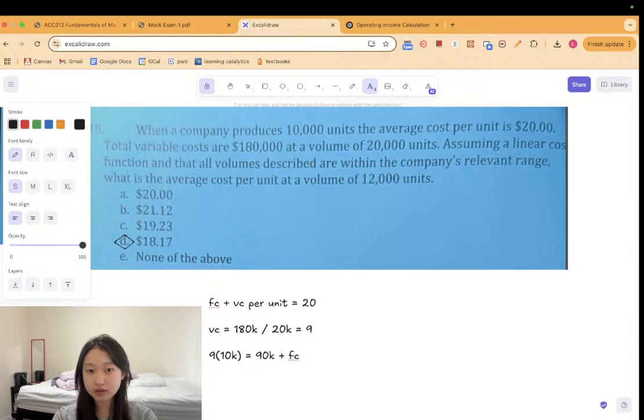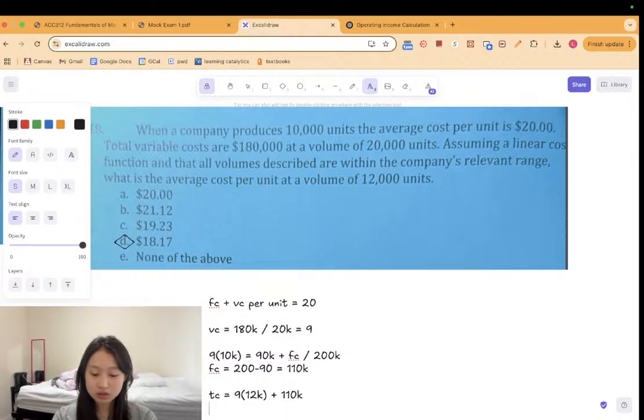And then, well, divide all that by 10,000 should get you to 20. So then 20 times 10,000 is 200k. Yeah, so then fixed cost is equal to 200 minus 90k, which is equal to 110k. So what we can now do to find the average cost per unit at a volume of 12,000 units is do our total cost is equal to 9 times 12k plus 110k.